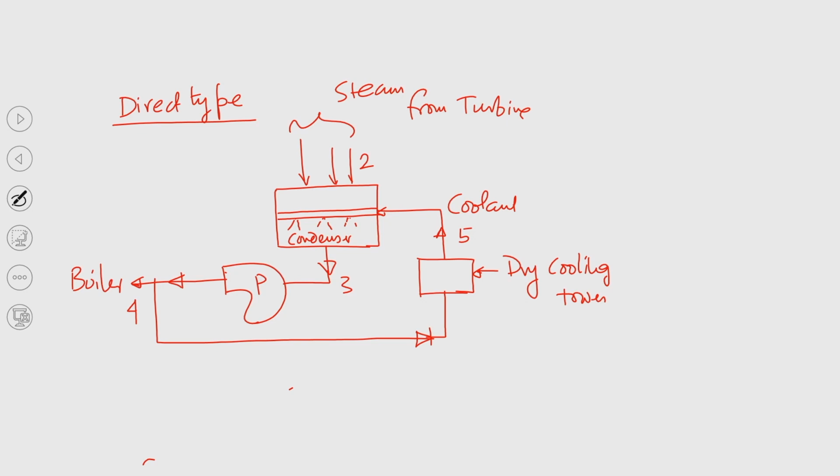The remaining amount will be taken to the coolant through the dry cooling tower. Why? Because it is the coolant which is coming out, it is not dry. If it is allowed to go again through the condenser, then the efficiency will reduce. So, we need to ensure that the coolant before going into the condenser should be dry.